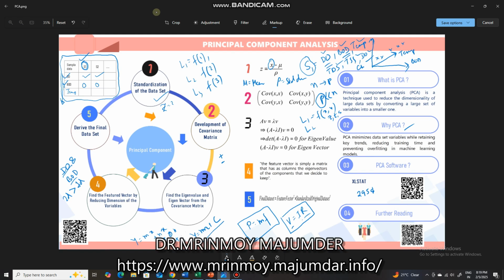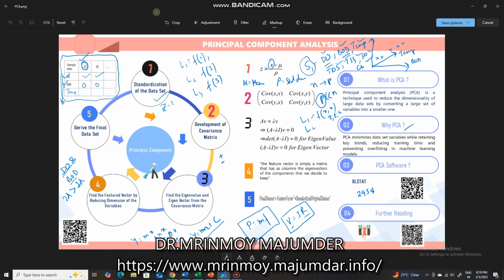But another thing you see: covariance of xy is equal to covariance of yx due to the commutative characteristic of covariances. So whatever it is, covariance of xy is covariance of yx, nothing else. If you only calculate the covariance of xy, that is enough, because the other one is just the mirror image.